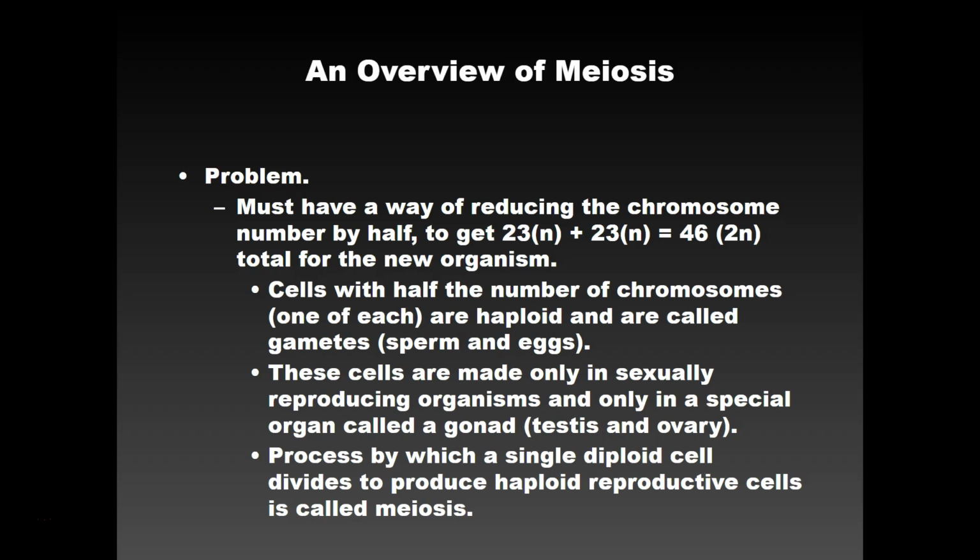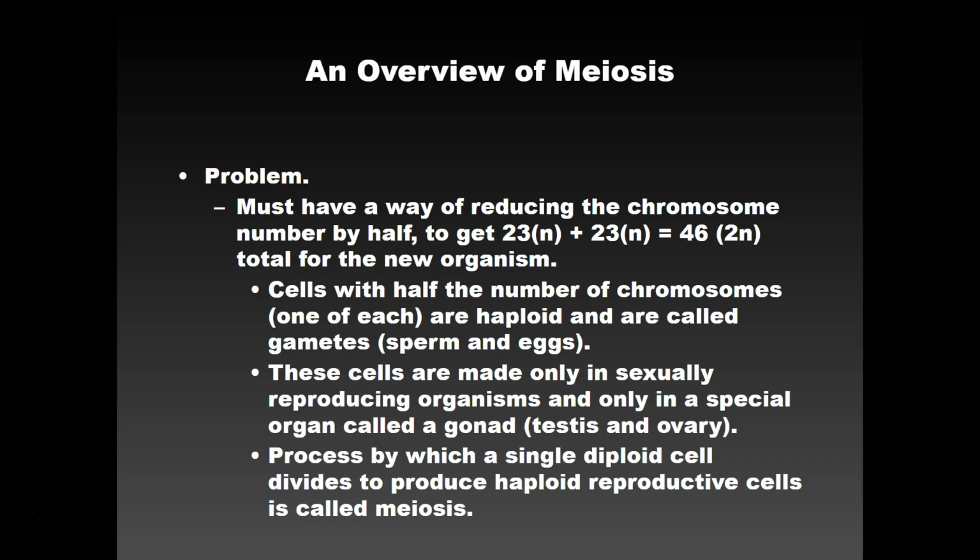So cells with half the chromosome number are called haploid, and these are called, in humans, gametes. So this is an important term to know. Haploid is half the number of chromosomes normally needed by an individual, and those are sperm and eggs. Okay?